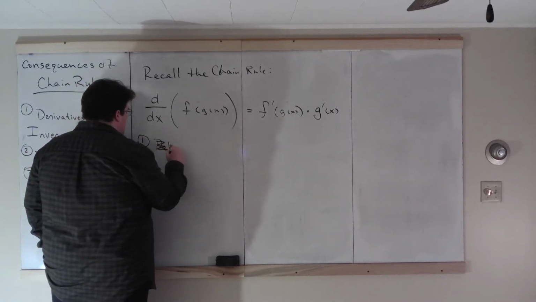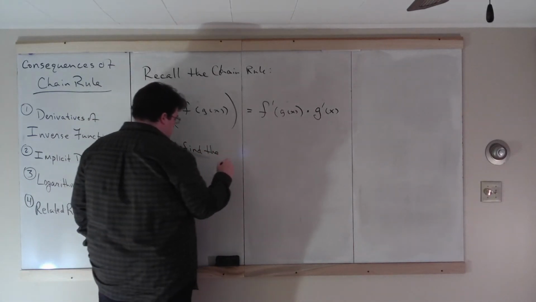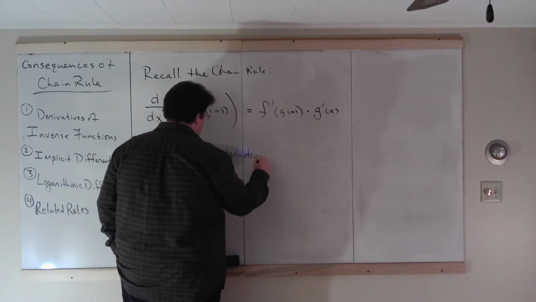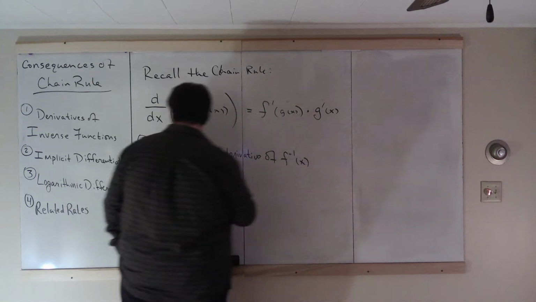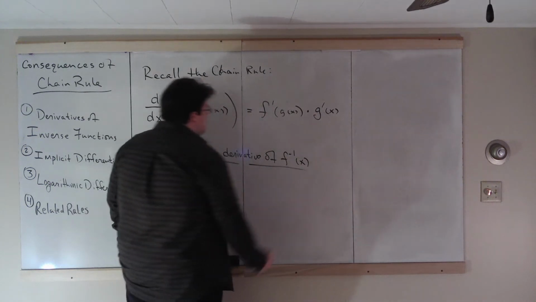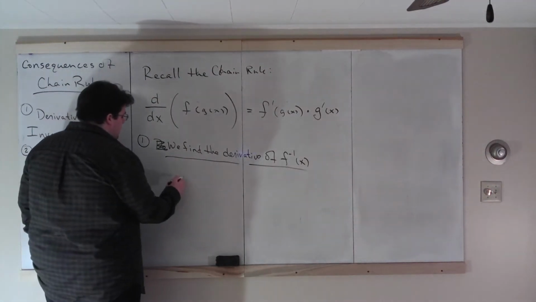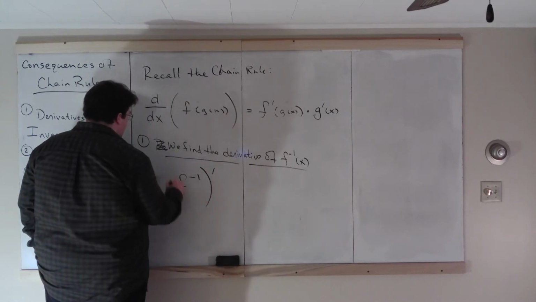Maybe I'll say, we find the derivative of f inverse of x. Well, first, what is a notation for a derivative of f inverse of x? I'll just write it here. F inverse derivative.